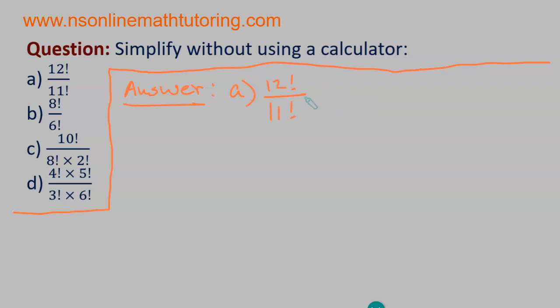Now, over here we are having 2 factorials. We will always try to express the greater number's factorial in terms of the smaller number's factorial.